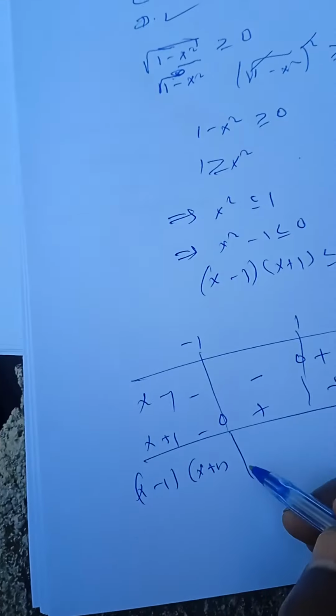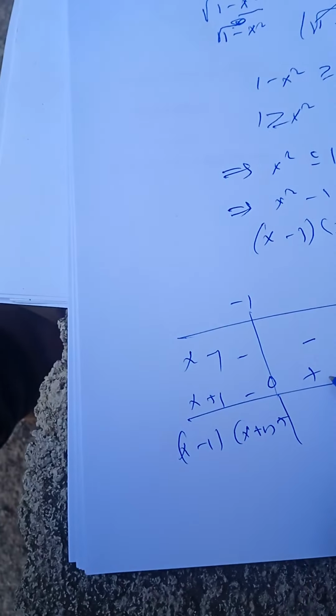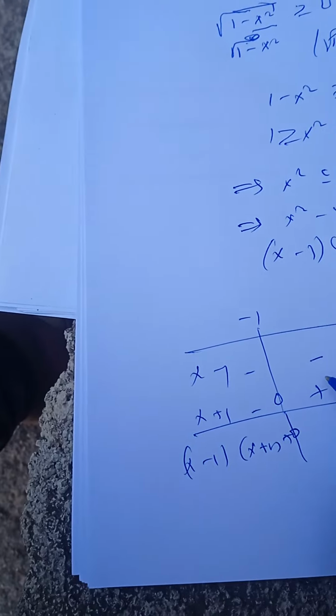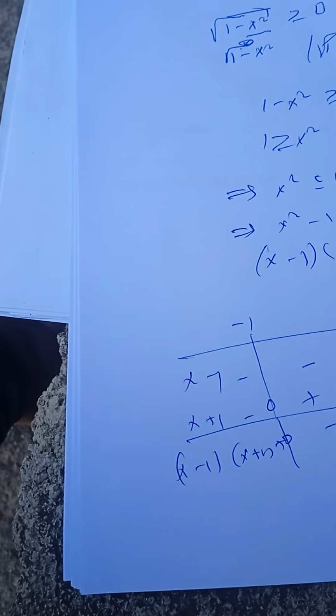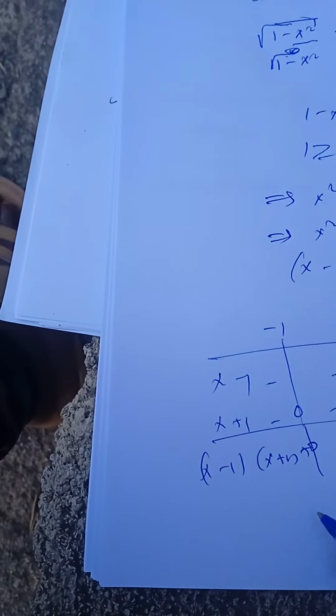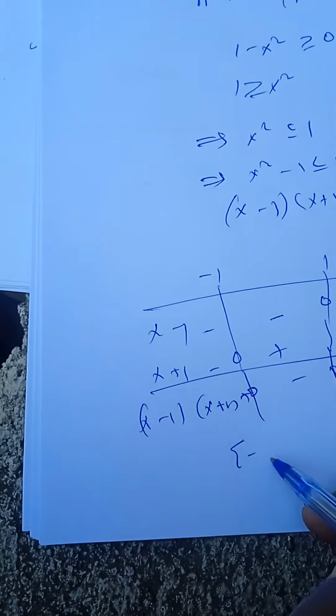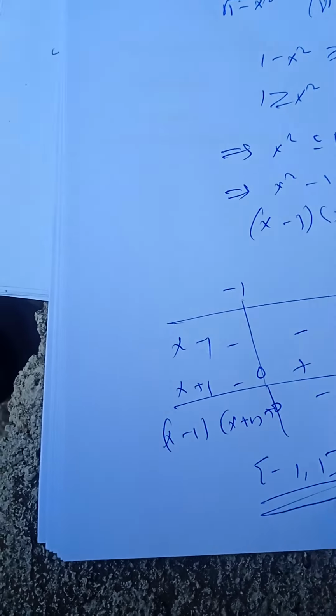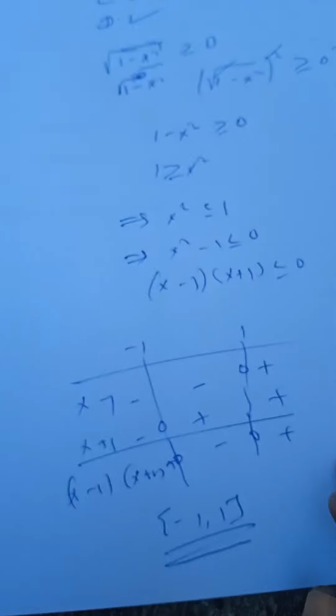For x plus 1, before x less than negative 1 it is negative, at negative 1 it is 0, then positive. Then we multiply: negative times negative becomes positive. So it is positive, 0, negative, 0, positive. Less than or equal to 0 means between negative 1 and 1, including the endpoints. So the answer is this one.